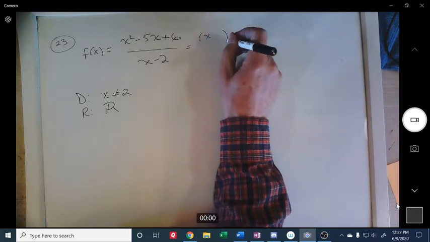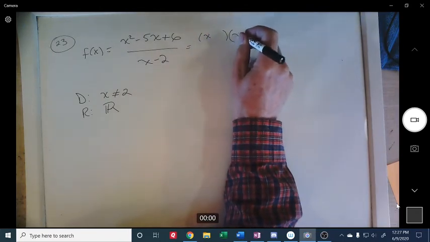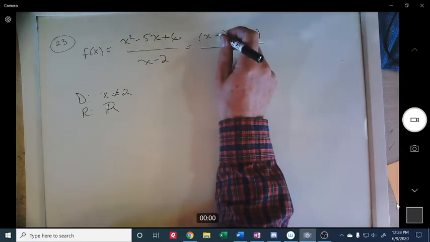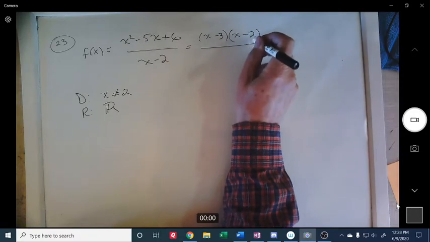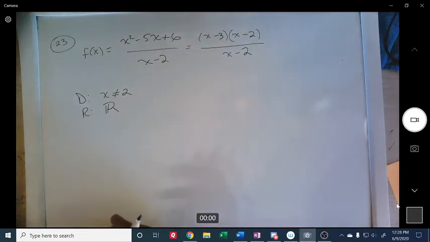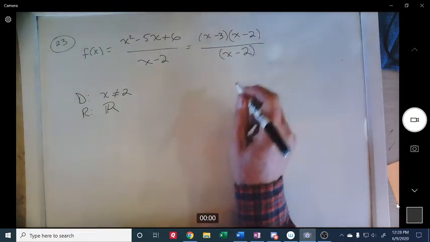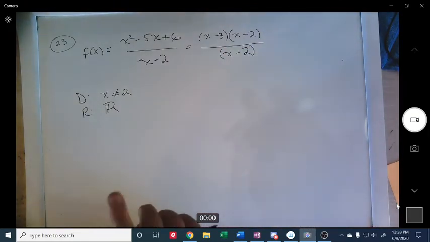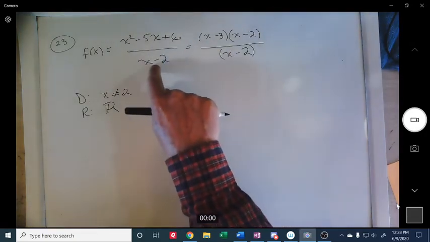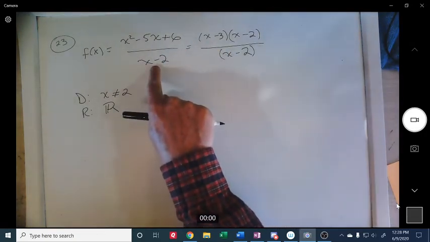Sometimes we need to look to see if this factors. x minus 3 times x minus 2 over x minus 2. This function, normally speaking, this is a vertical asymptote.